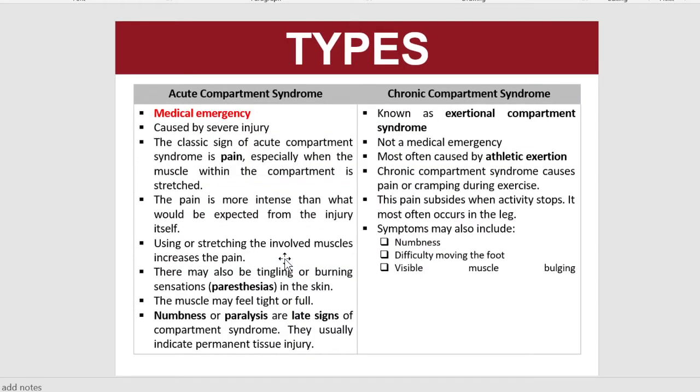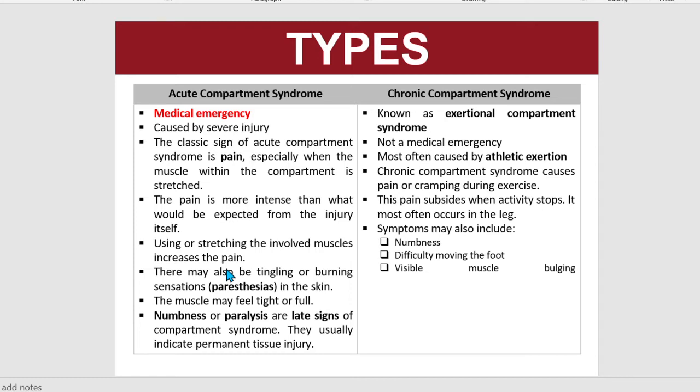Acute compartment syndrome is considered a medical emergency caused by severe injury. The classic sign is pain, especially when the muscles within the compartment are stretched. The pain is more intense than what would be expected from the injury itself. Using or stretching the involved muscles increases the pain.